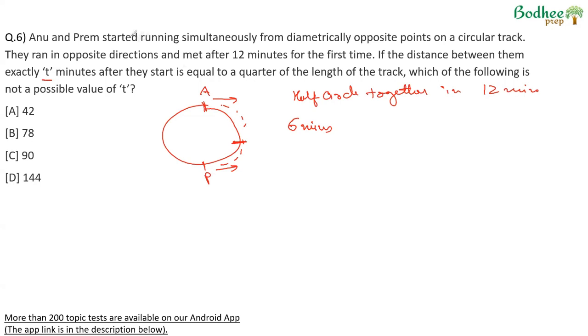This will be a position where suppose A has reached somewhere here, P has reached somewhere here, and the difference between them is a quarter of the track. This will happen at half the time. Eventually, they meet after 12 minutes.